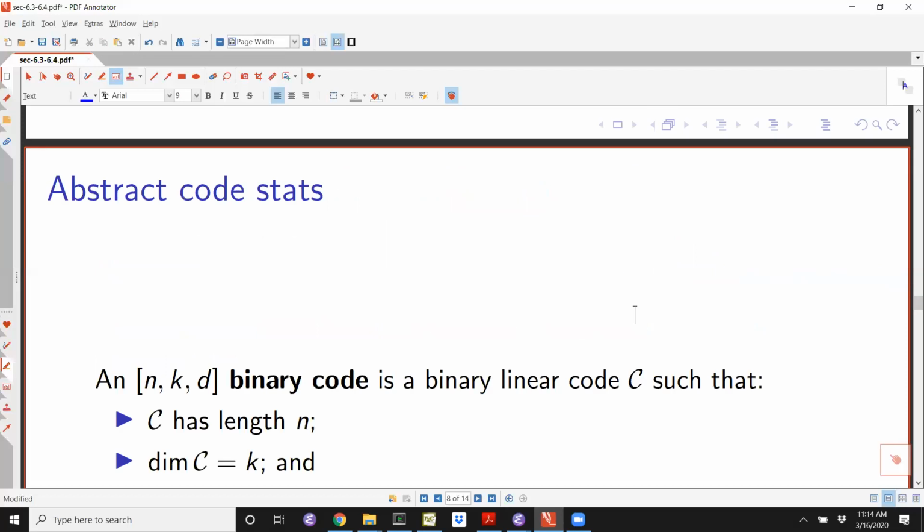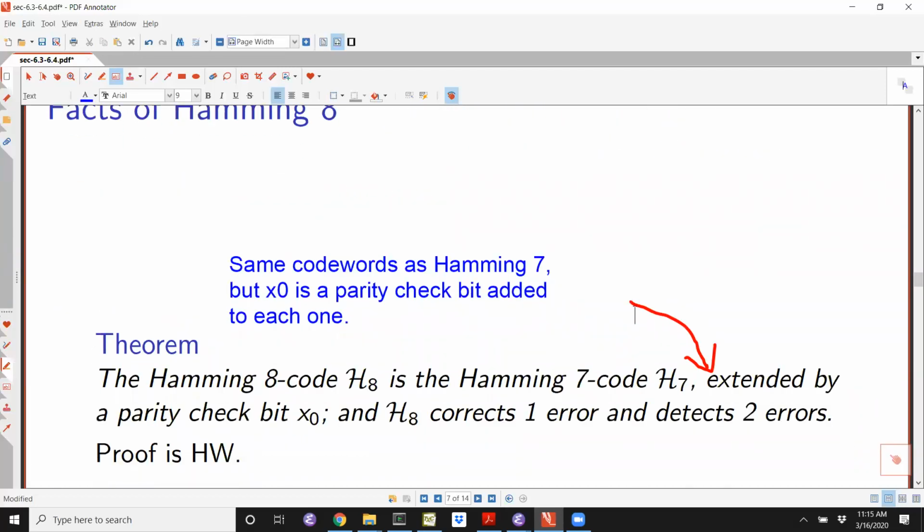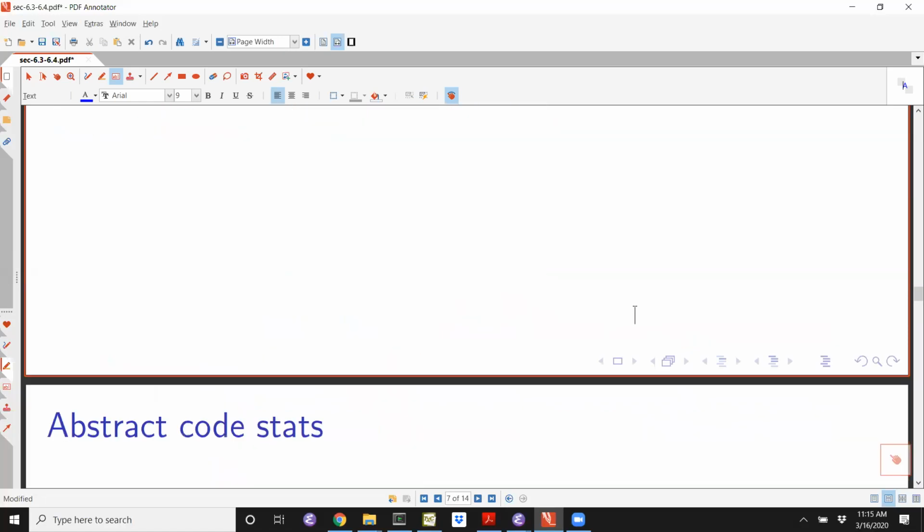So before we move on to a more abstract version of all this, are there any questions about Hamming 8 and the facts of Hamming 8? I'll wait 10 seconds, and then we'll do a little theory. Okay, so moving on.